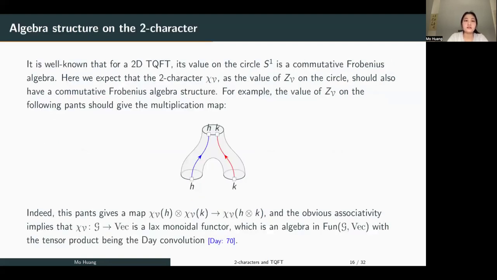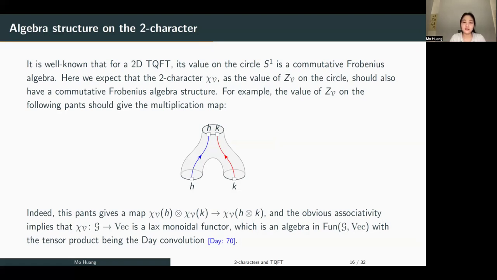And it is well known that for a 2D TQFT, its value on the circle S1 is a commutative Frobenius algebra. Here we expect that the true character chi V, as a value of Z_V on the circle, should also have a commutative Frobenius algebra structure. For example, the value of Z_V on the following pants should give the multiplication map.